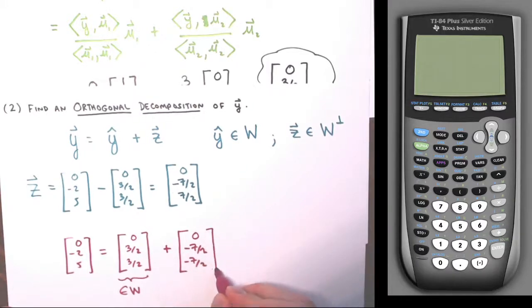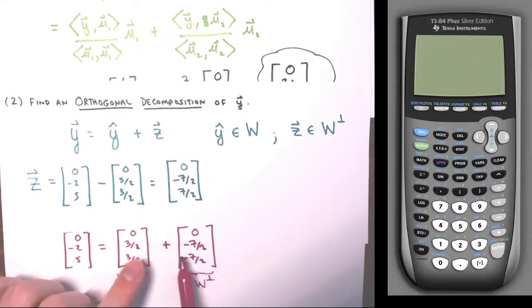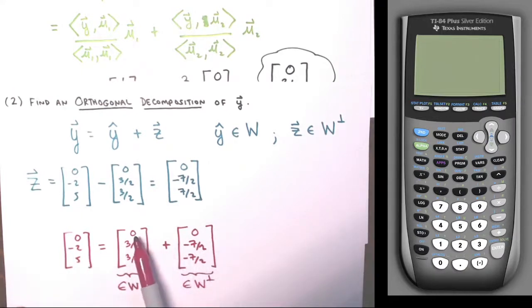You can double check: this vector should be from the orthogonal complement of W. These should be orthogonal vectors if I've done everything correctly. Take the inner product of these two, or the dot product in this case, and it'd be 0.